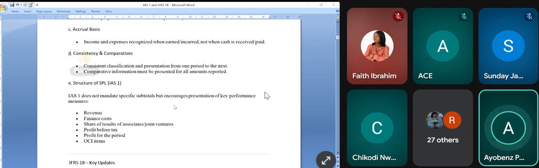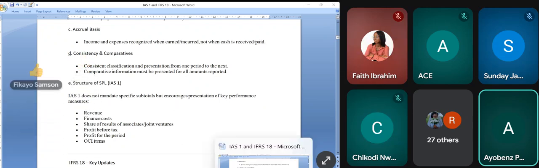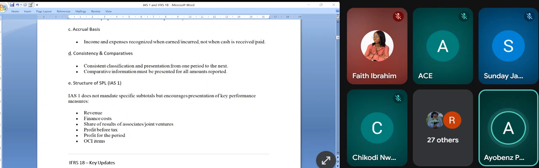Now, there are key updates under IFRS 18. Like I said earlier, let me redress it again. The structure under IAS 1 for statement of profit or loss and other comprehensive income is this.